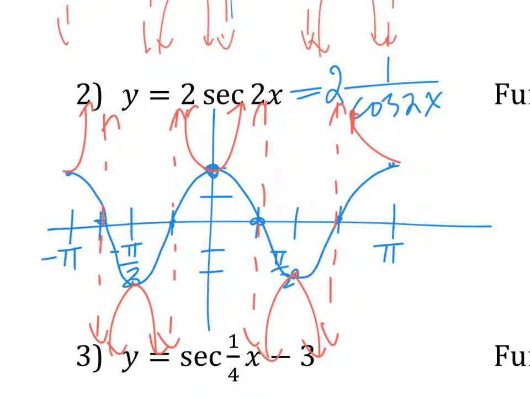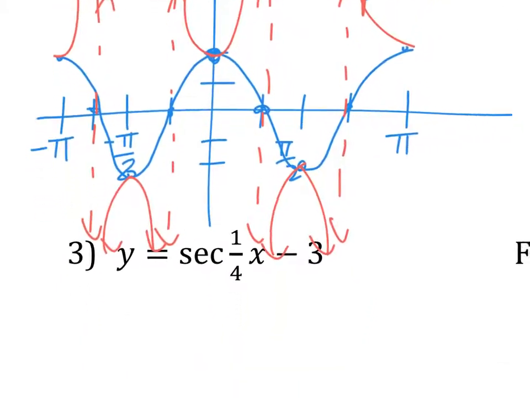Okay, so the cosecant graph and the secant graph are pretty much the same. You draw a sine graph or a cosine graph, and then you are basically drawing the cosecant and secant on top of that. Okay, we're going to skip 3 for now because it's kind of the same thing except you're going to move down 3. Let's go to the cotangent graph.